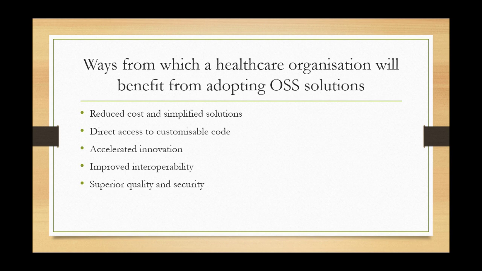The fourth way is improved interoperability. In this case, open source software is designed based on open standards. This kind of design fosters compatibility with other standards-based systems and technologies that exist.